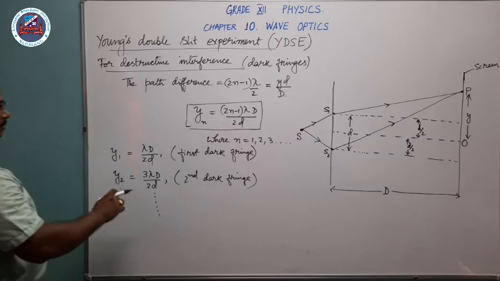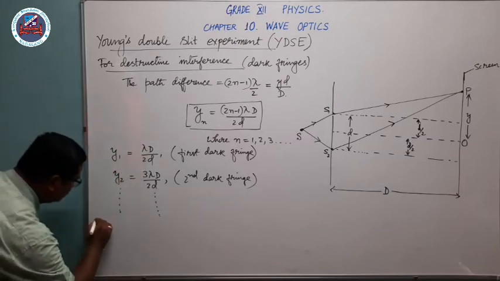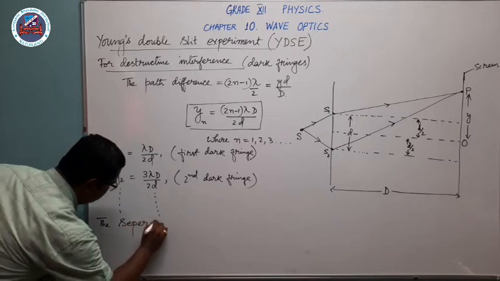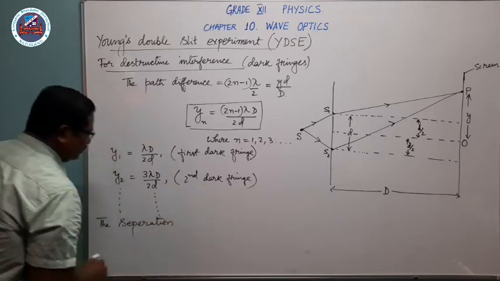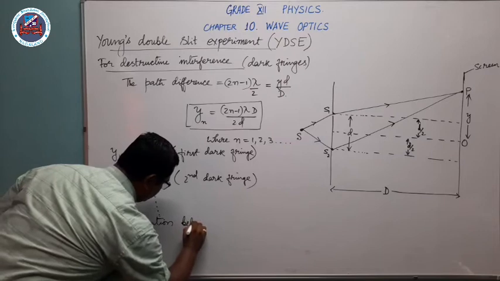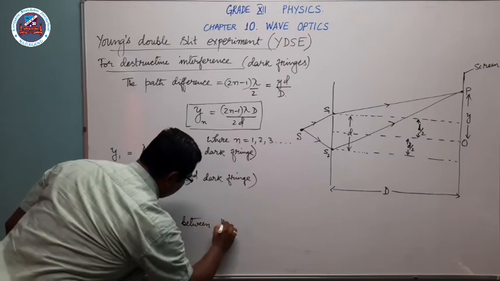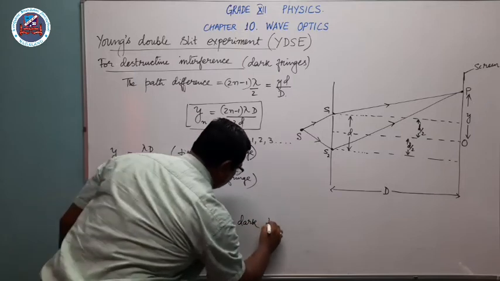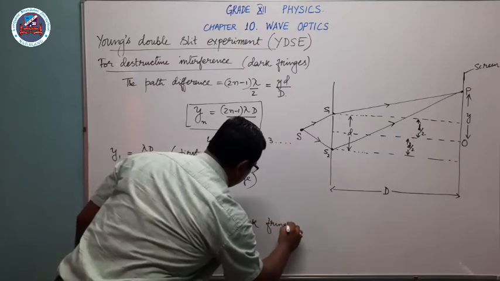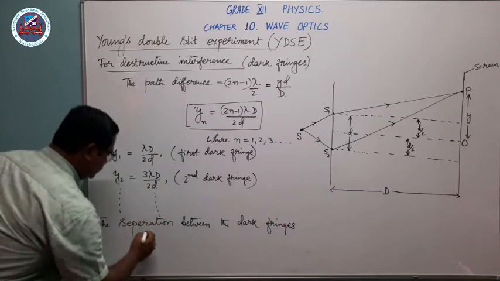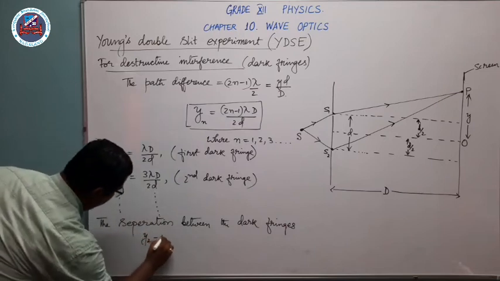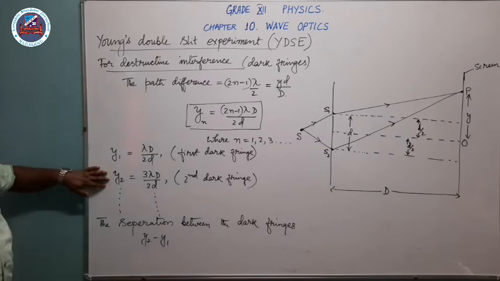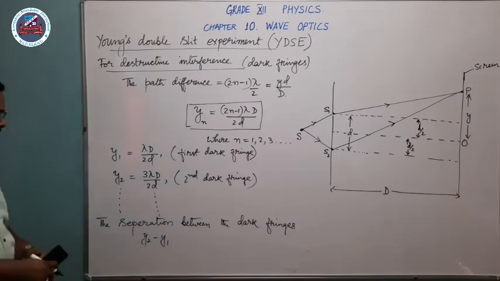So to find out the separation between the dark fringes, we will find y2 minus y1. Here also, the displacements y2 minus y1, higher order term minus lower order term, you can do.